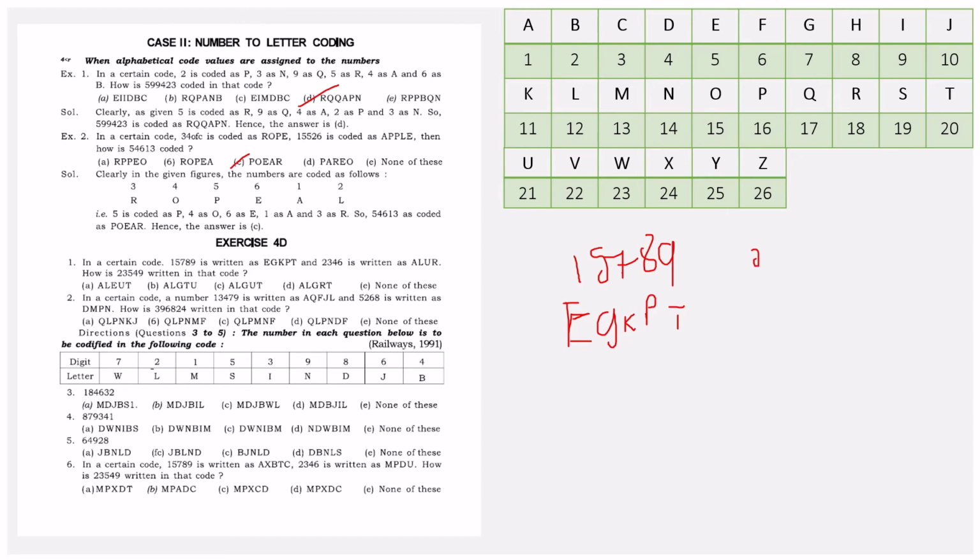And 2346 is coded as ALUR. ALUR, okay? And 23549: 23 is here, so AL, then G, U, T. ALGUT. So the answer is option C.